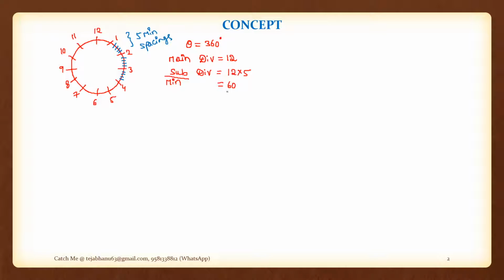That's why 12 into 5, total there are 60 minute divisions or 60 subdivisions.